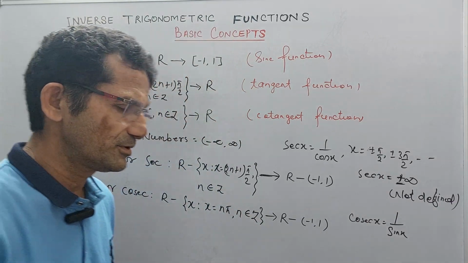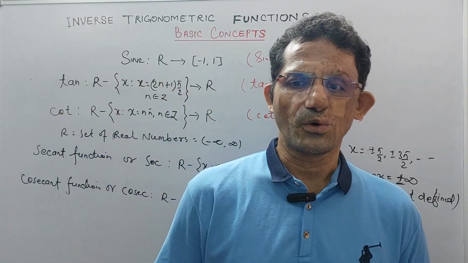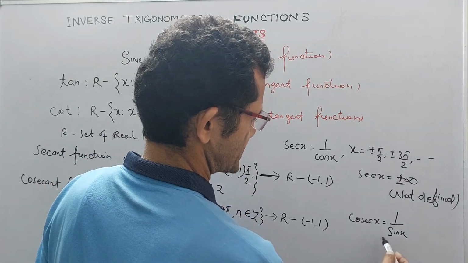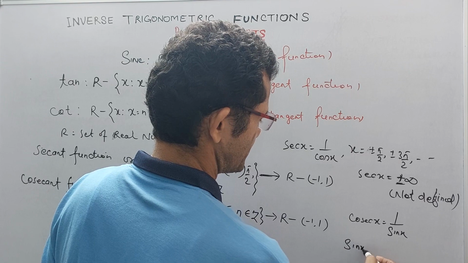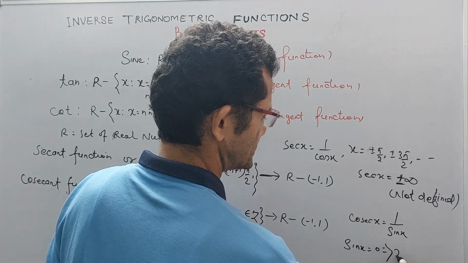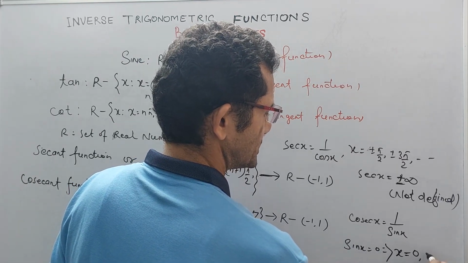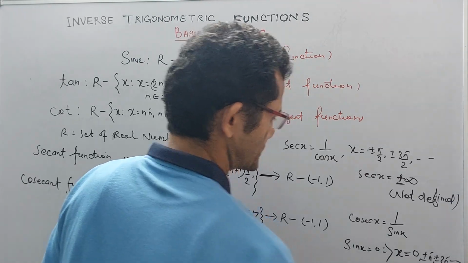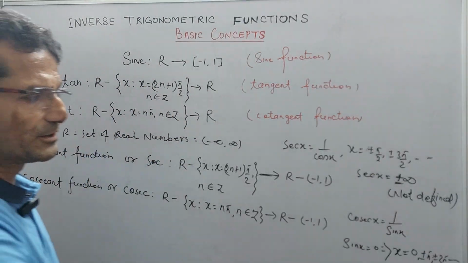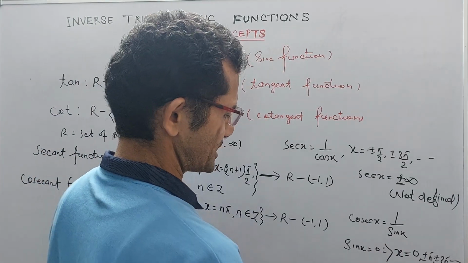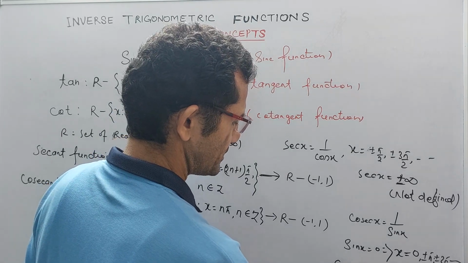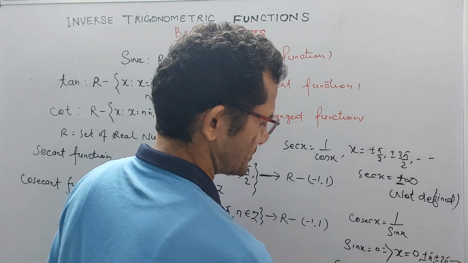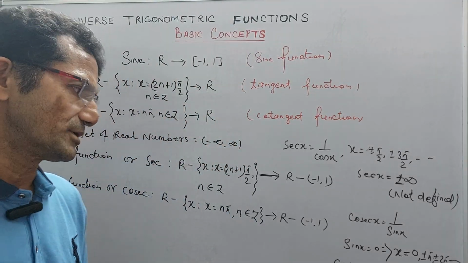Sin x will be 0 for the angles 0, plus minus pi, plus minus 2 pi, and so on. For these angles the denominator will be 0, then cosec x will be plus minus infinite, which is not a real number, and we say that this is not defined.